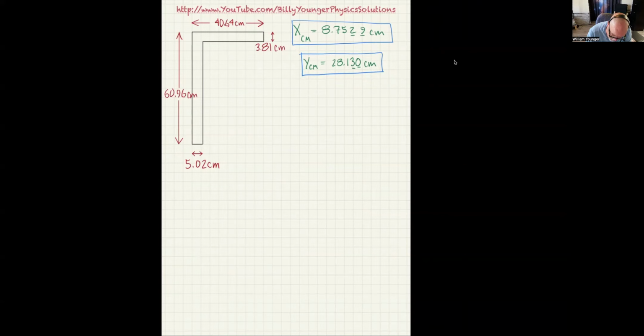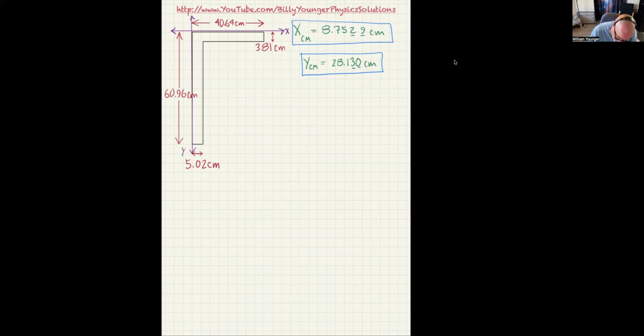Let's remember that we actually used a coordinate system that I can put like this, for instance. So this is my x-axis, and this down here is my y-axis in the positive direction, downward.